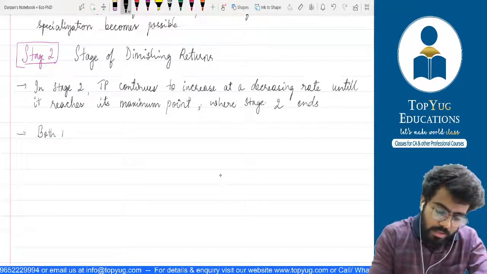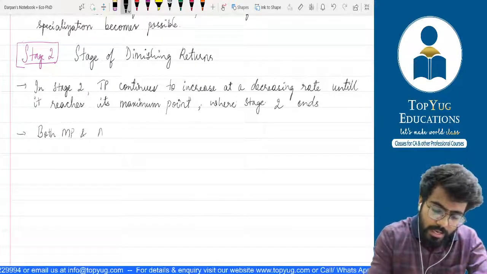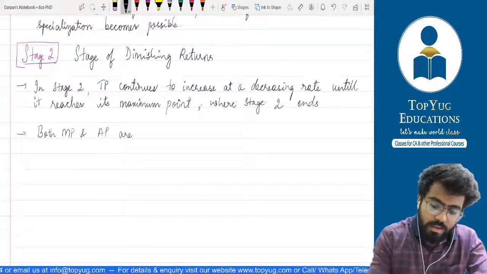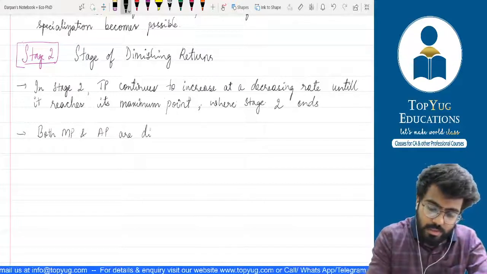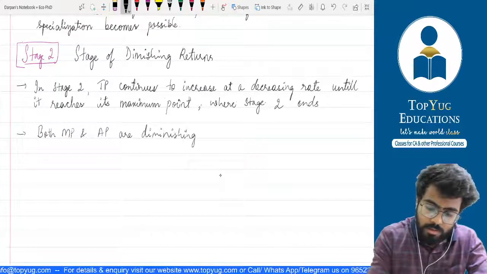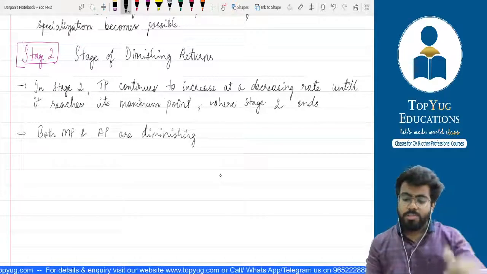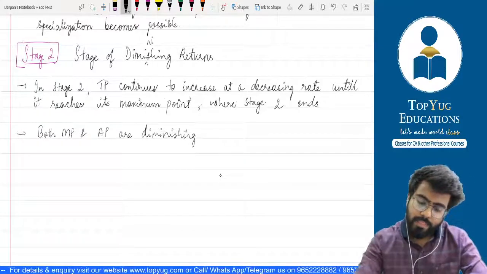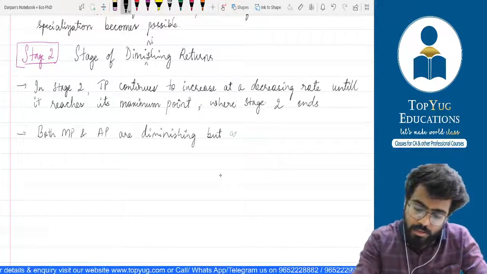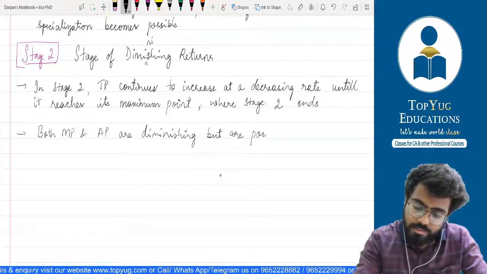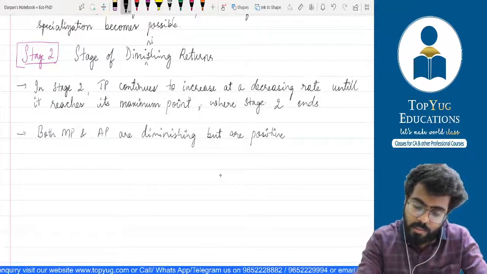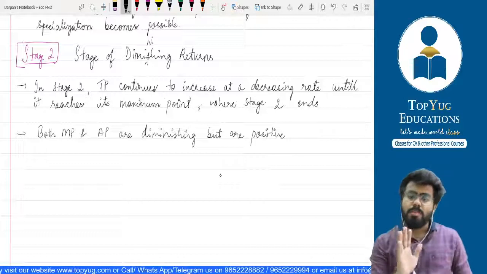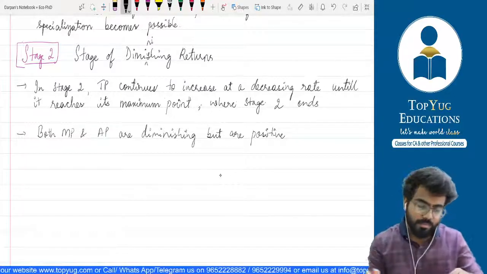Both MP and AP are diminishing, but are positive. Right? They're diminishing, but they're still positive in stage 2.